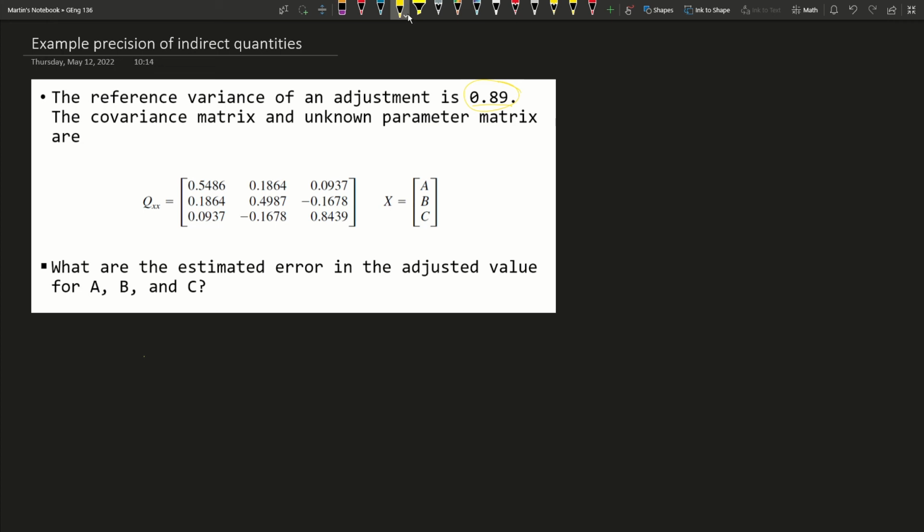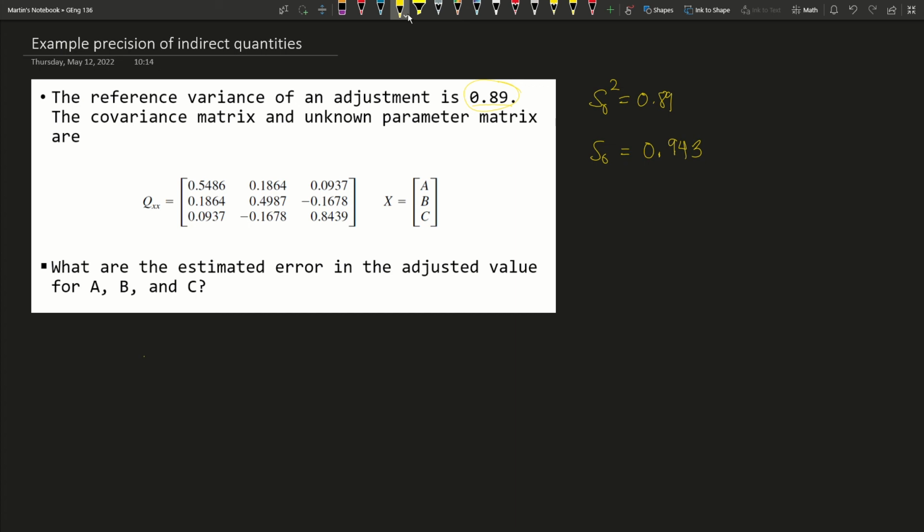When you say reference variance, it is still squared, so you need to determine the standard deviation. That would be the square root of 0.89, which is 0.943.